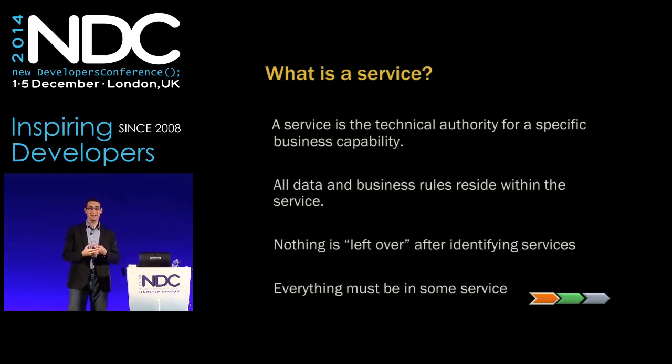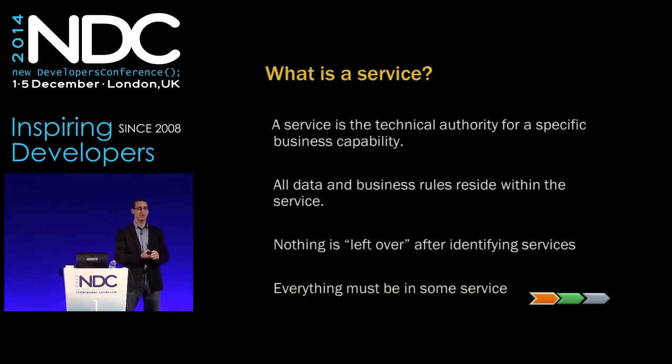Because ultimately, for a piece of code to exist, for a piece of data to have a reason to be there, it's to serve some business capability, which means there must be some service that is responsible for that business capability, meaning it's responsible for that data, for that configuration, for those business rules. Everything must be in some kind of service. That's how we end up with high cohesion. That's how we end up with loose coupling.